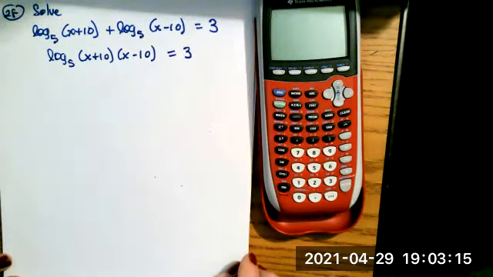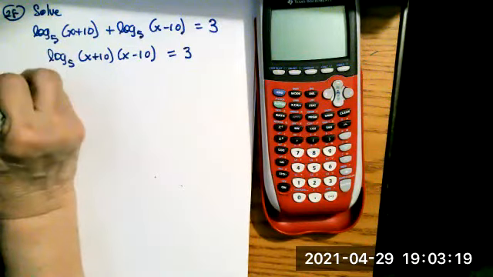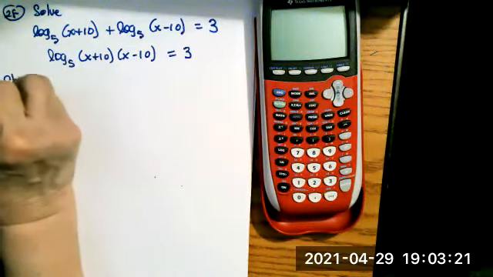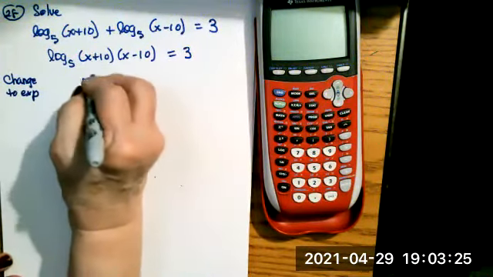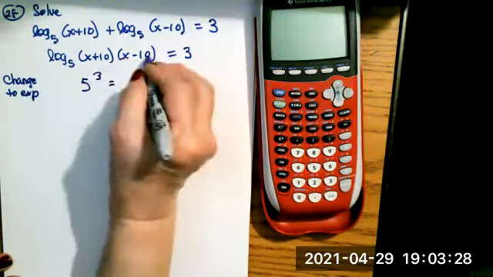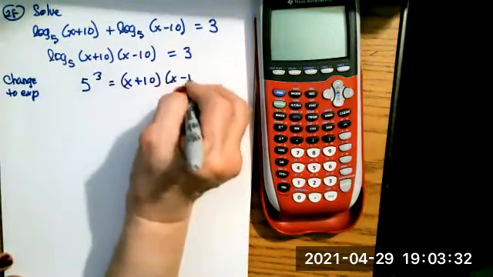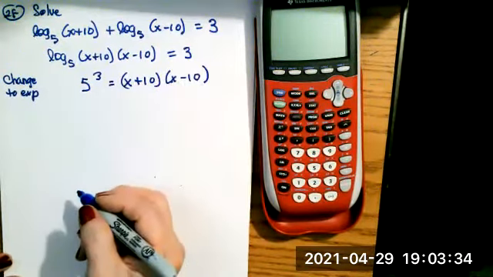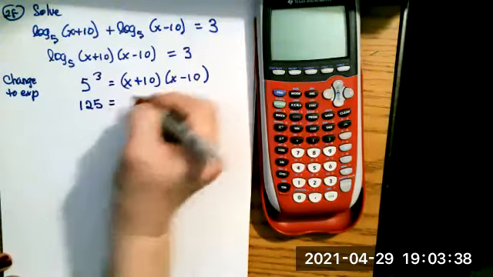Okay. Now then, you're going to change this to exponential. I'm going to take the 5 and raise it to the 3rd power, and set it equal to that great big log number, x plus 10, x minus 10. 5 to the 3rd is 125, but I'm going to have to see what this is.